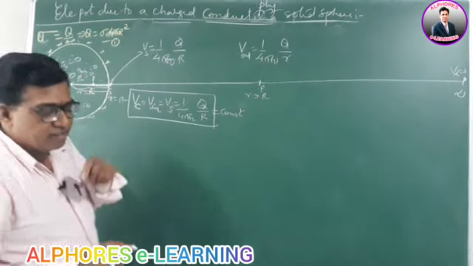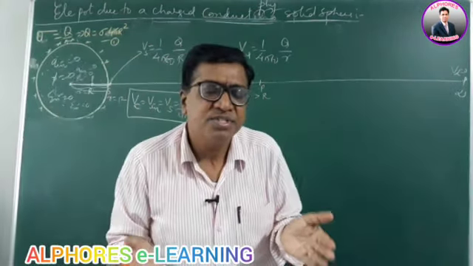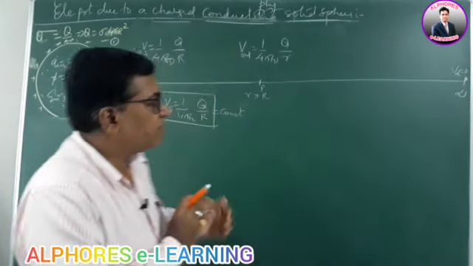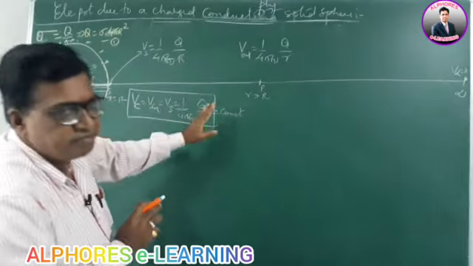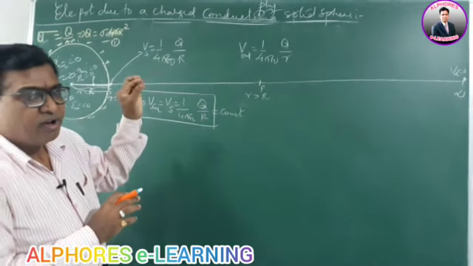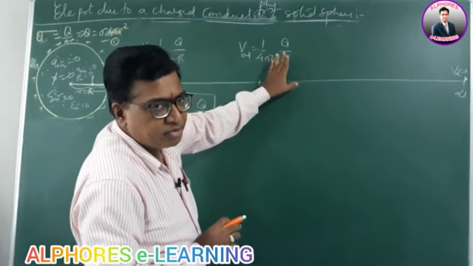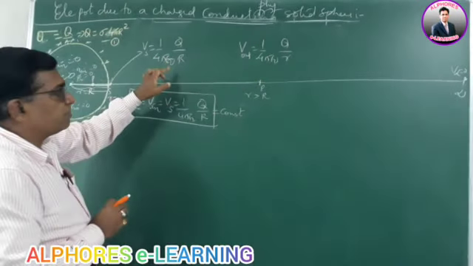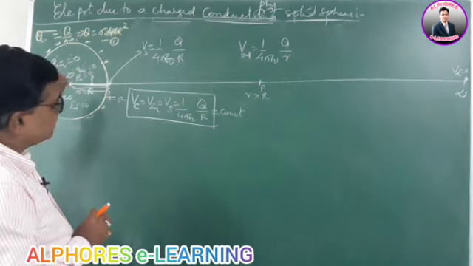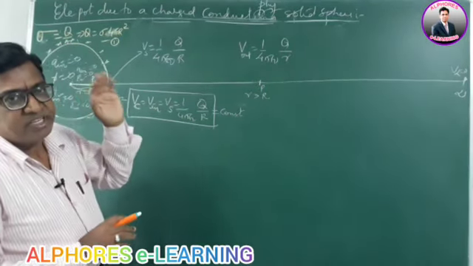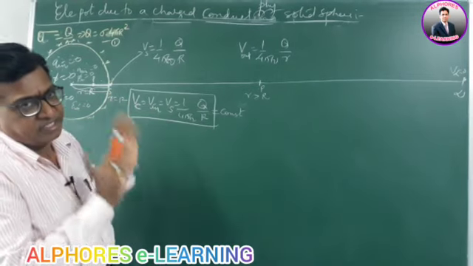So it behaves like a hollow charged sphere. Even for a hollow charged sphere we got the same formula. The potential outside is 1 by 4 pi epsilon q by r, and on the surface it is q by capital R. At any inside point, the center or on the surface, it is all the same. Potential is a constant for all the points there, right?